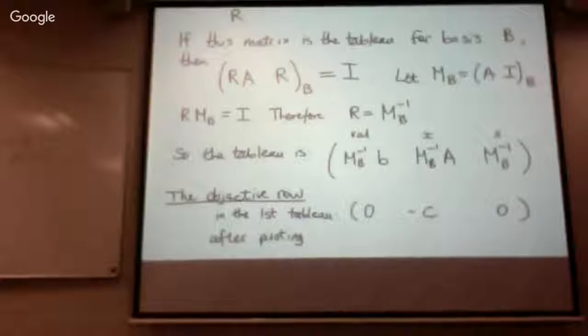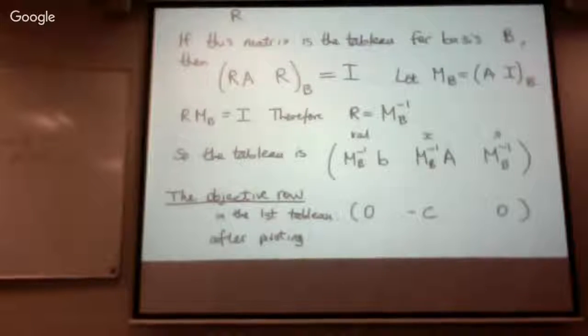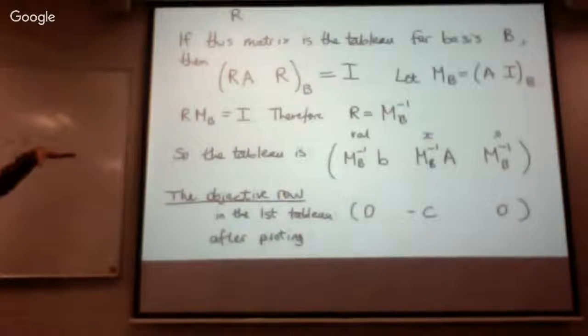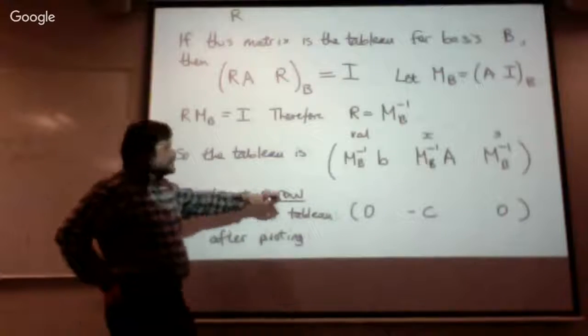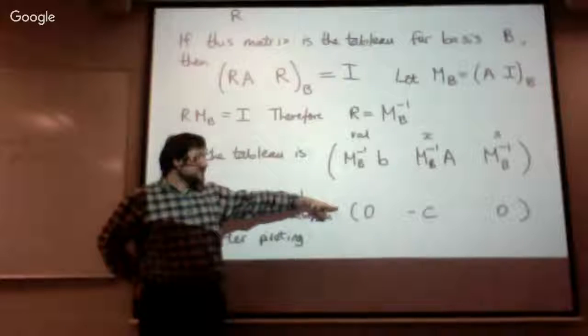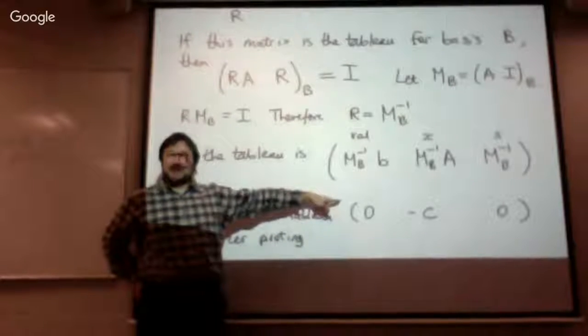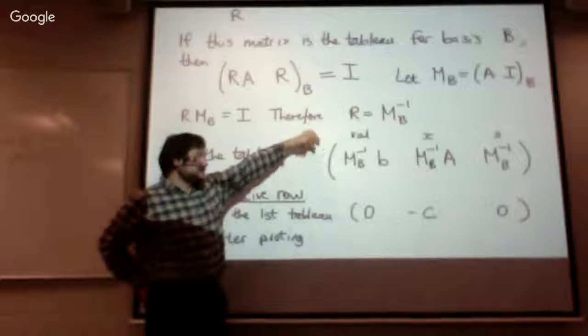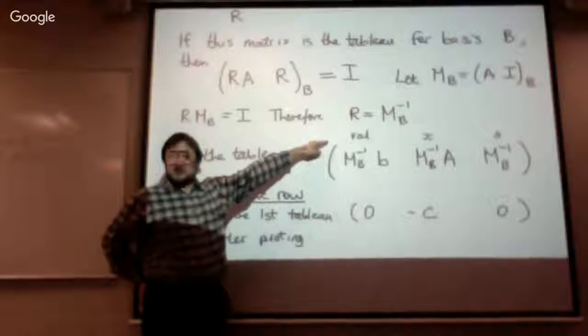Okay, so what we get after pivoting is, we're doing row reductions all the way. So what we're going to get is the original row, because we never multiplied or divided by anything, and to it we will have added a linear combination of these rows.